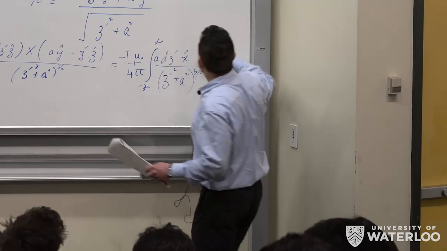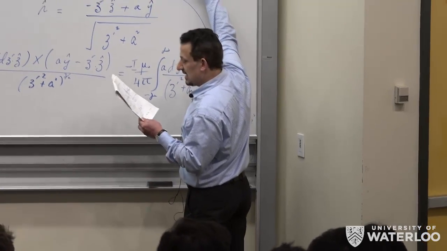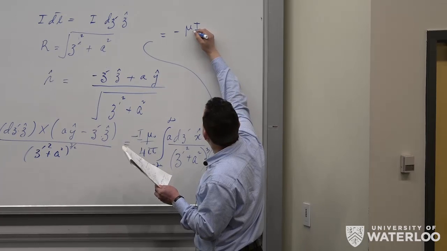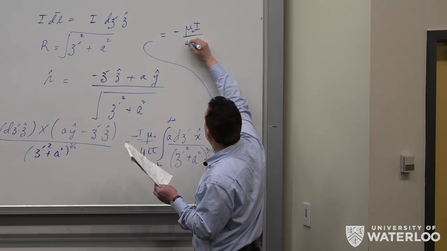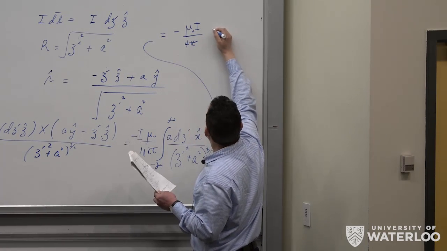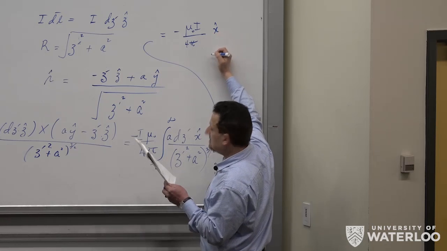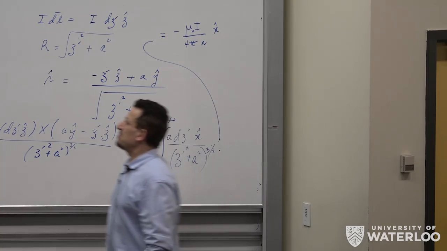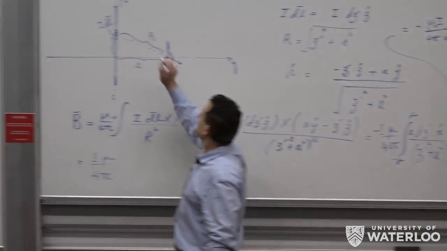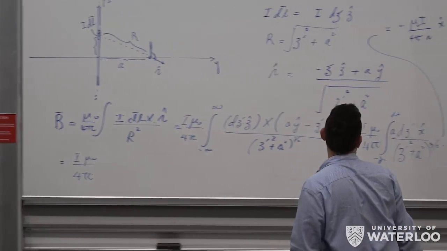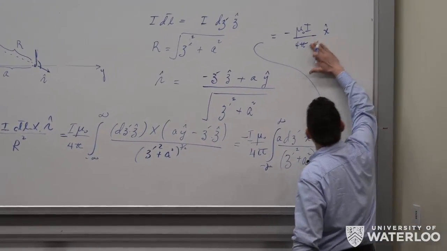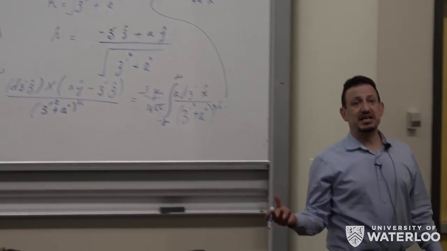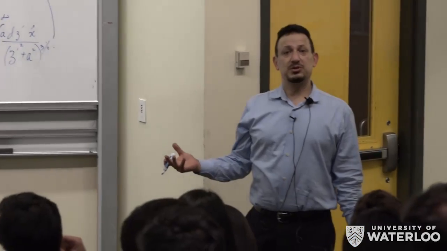All right, so the answer, you look up the table, and we find minus mu naught I divided by 4 pi x, and we have here r being this distance a, okay? So I can leave it actually as a, it's okay. And then I'll change it in a second. This is the magnetic field. So I solve for this problem.